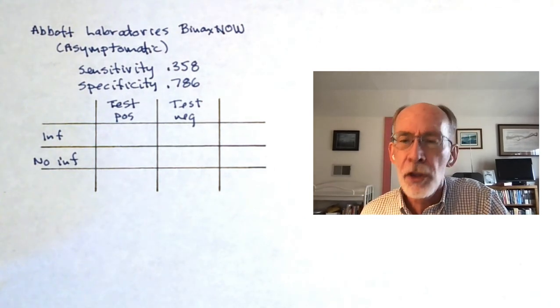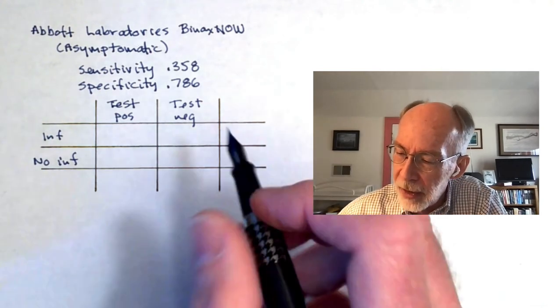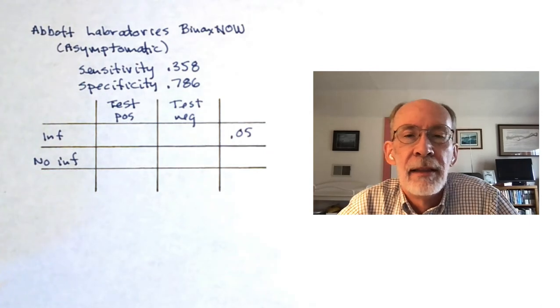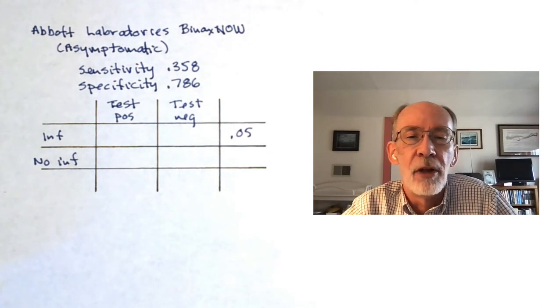So we're just going to make a flat out assumption that about 5% of the people in some population have a COVID infection.